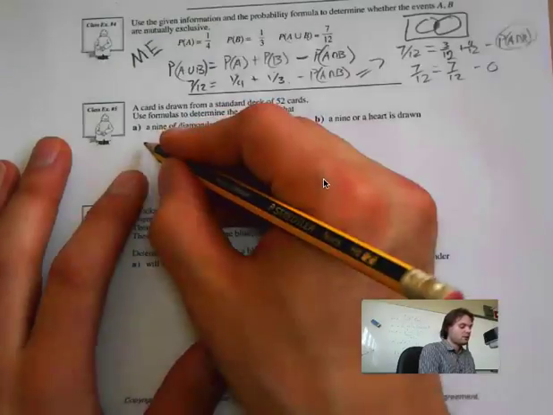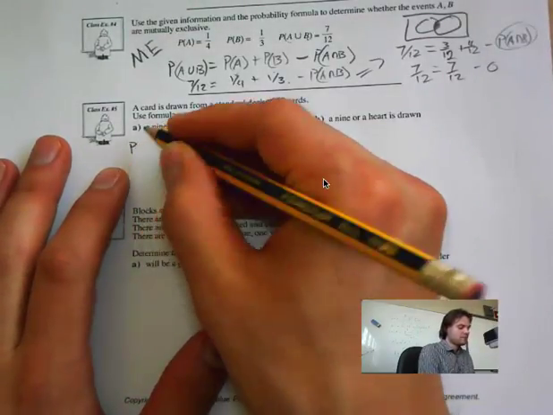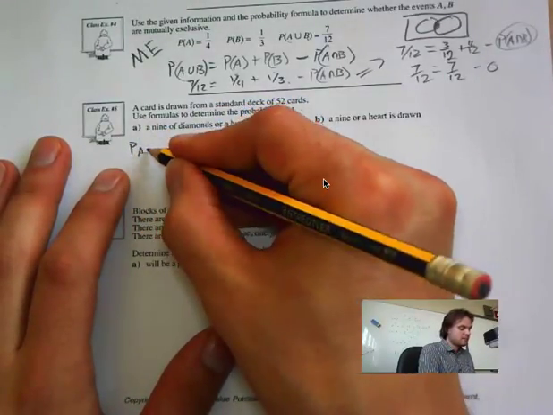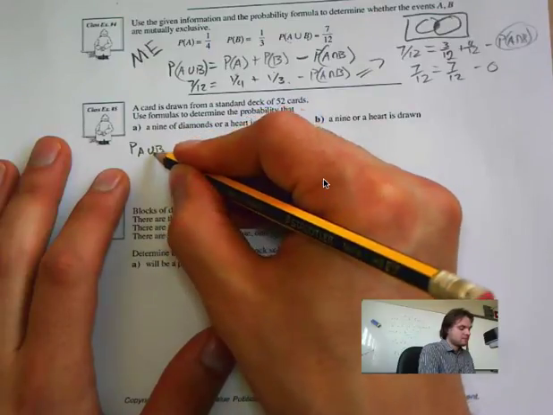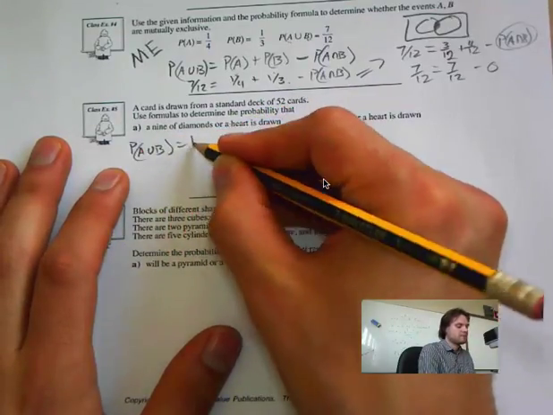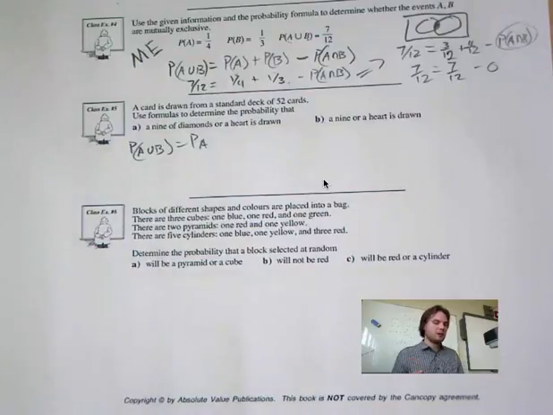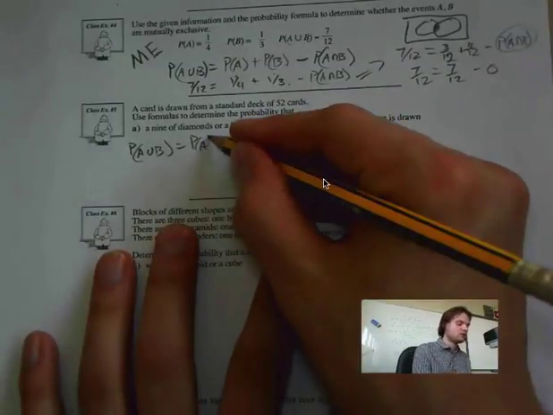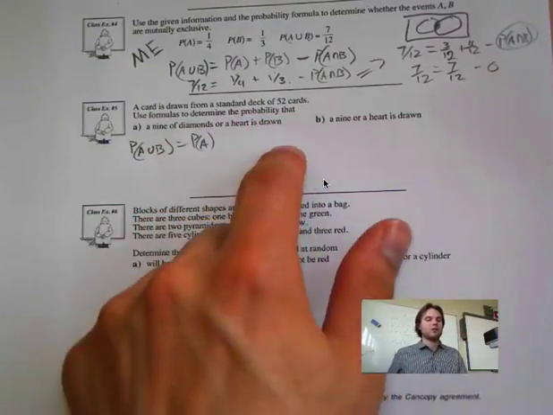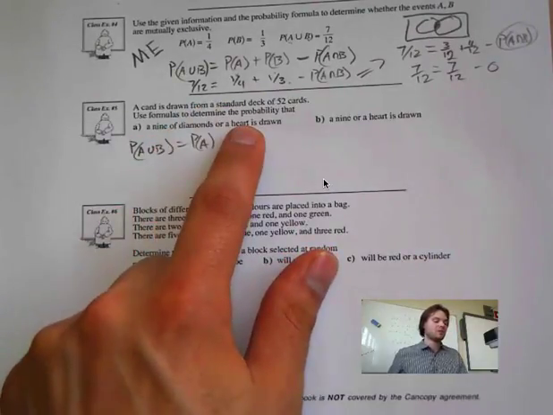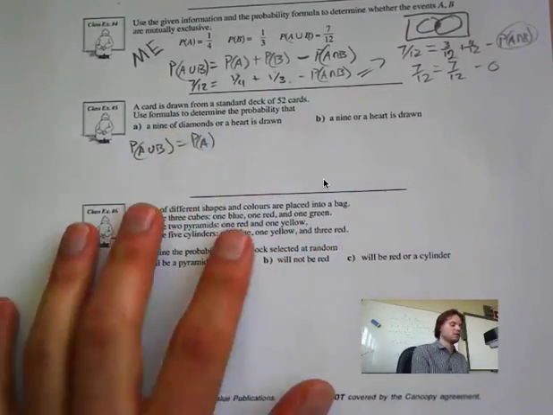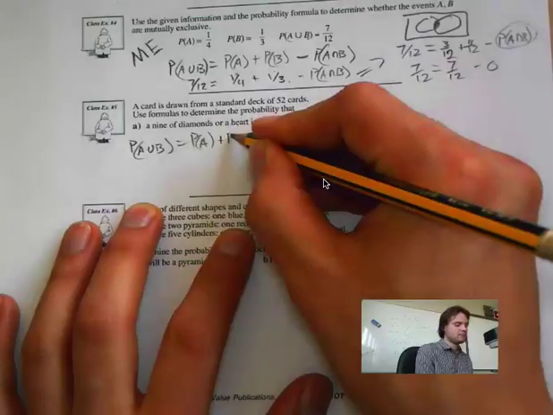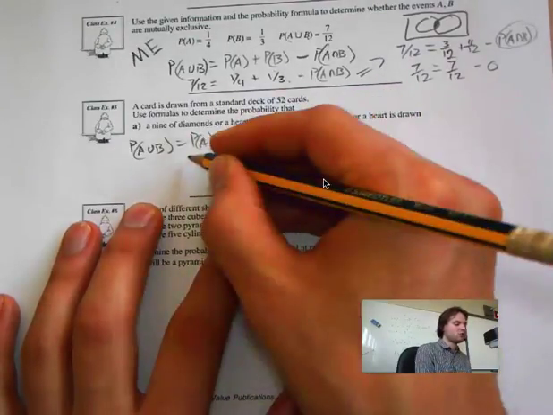Well, that's 1 out of 52 cards. Now we know these are definitely mutually exclusive because there are no diamonds that are in hearts. There is a 9 in hearts, but this is a 9 of diamonds, which is very specific. So they have to be mutually exclusive.